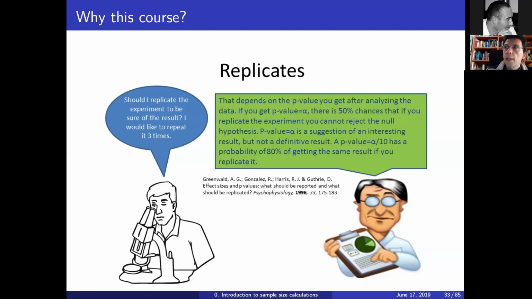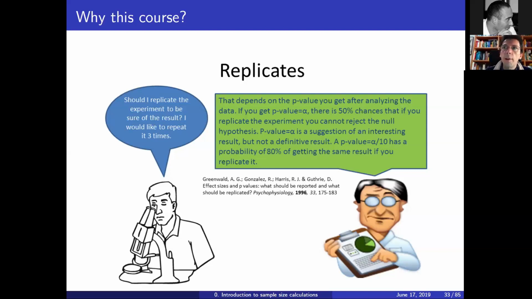So it doesn't mean that you will increase the number of animals. It means that you will reduce the number of drugs that you will be able to test. If you have to replicate all of them, instead of 100 drugs, I will test only 50. But this is actually good for your own interest.